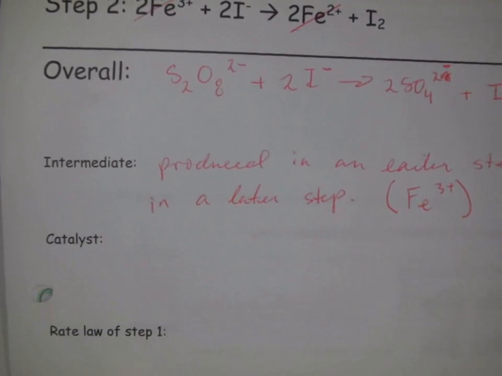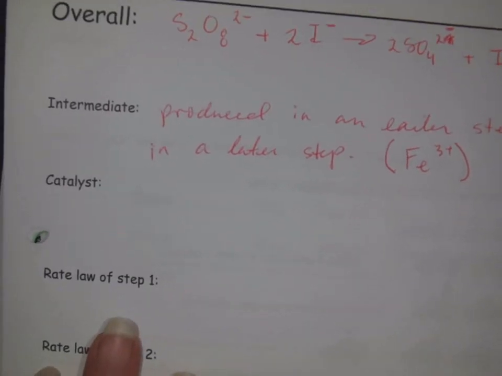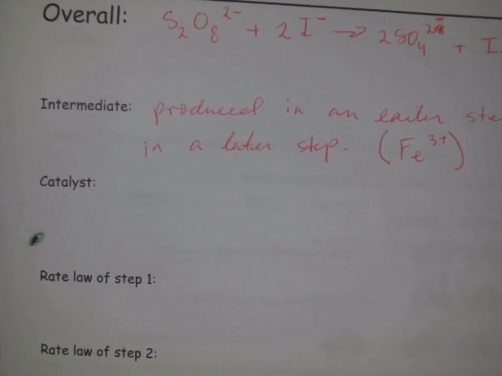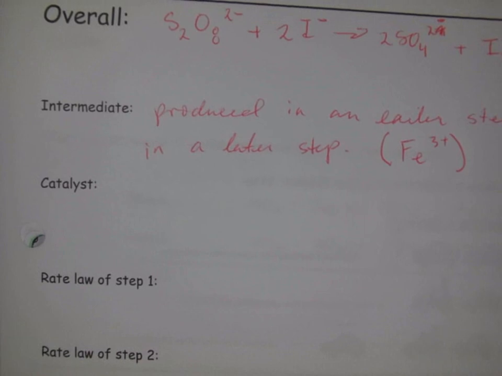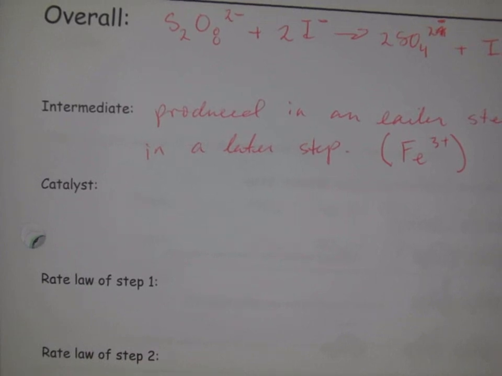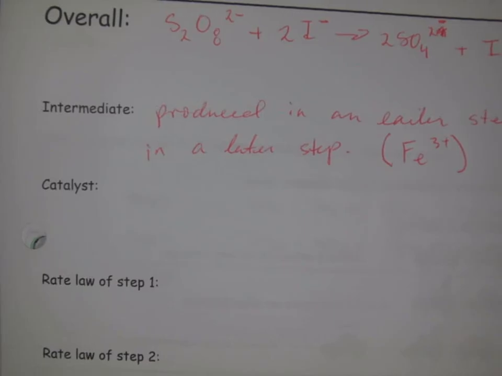A catalyst. We know that catalysts facilitate reactions. They lower the activation energy. The other important thing about a catalyst is that it's not part of the overall chemical reaction. It's there in the beginning and it's there in the end, and so that's why it cancels, and that's why it's not part of the overall. So a catalyst is there in the beginning and there in the end.